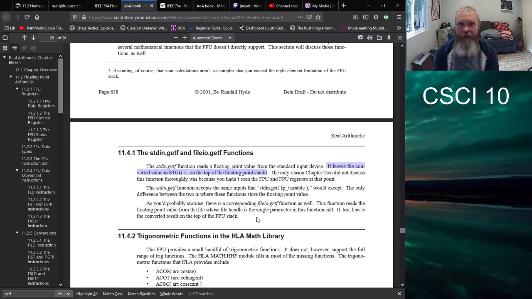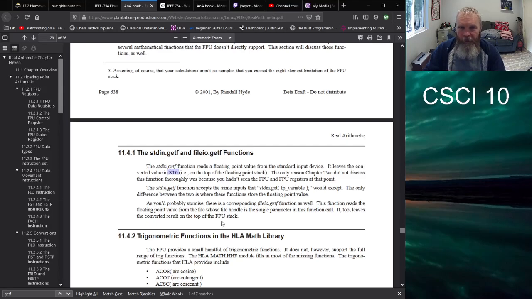So in the world of x86 floating point numbers and arithmetic, everything is done on a stack. There are no registers for this, it's a stack. It's the same kind of stack that you're used to from the other side of the processor. So push and pop. What this does is it reads in a floating point value and pushes it onto the stack. That's where it leaves it, on the top of the stack.